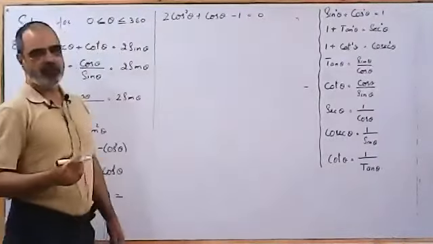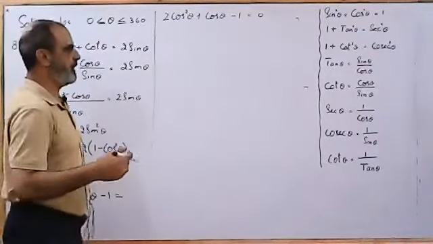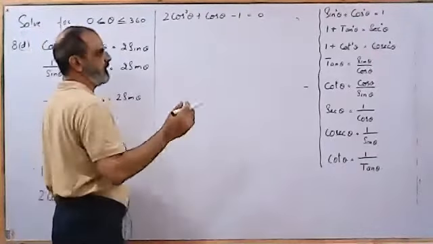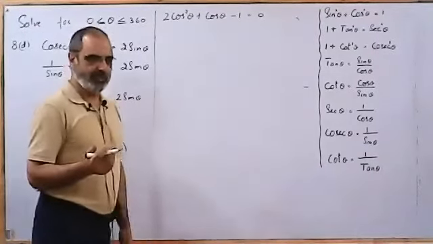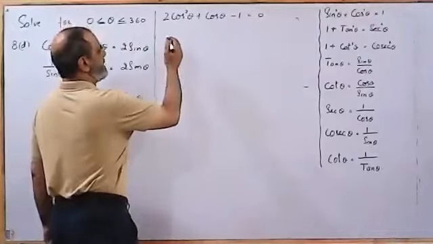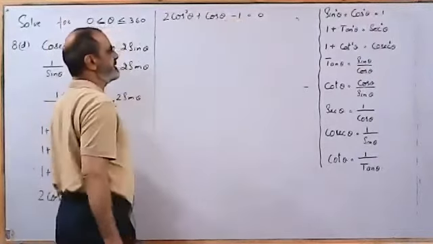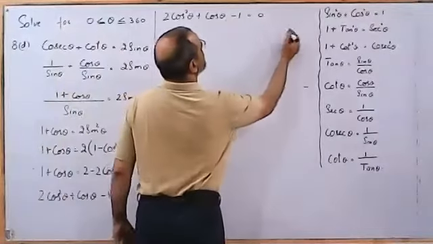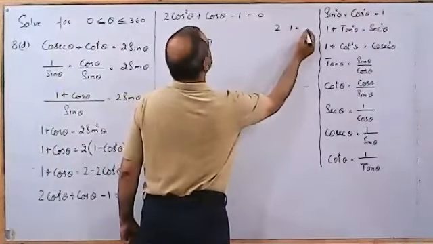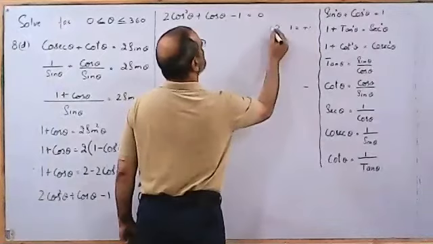I can again suppose cos theta is equal to x or y, or even without supposing, I can continue to factorize it. 2 into minus 1 gives you minus 2, and these factors are 2 and 1. If I take factors 2 and 1, I need plus 1, a positive 2 and negative 1, and their product is negative 2.